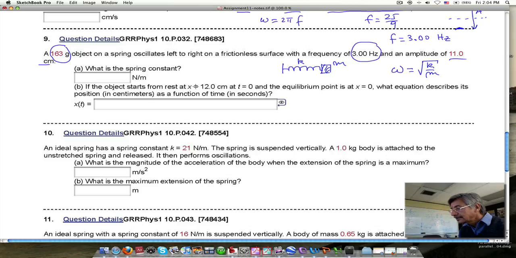Now, if the object starts at rest at 12 centimeters, it means the amplitude is 12 centimeters. And the equilibrium point is at 0, so the amplitude is this number. What equation describes the position in centimeters as a function of time in seconds?